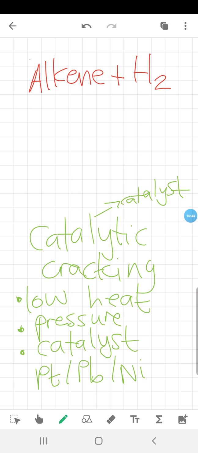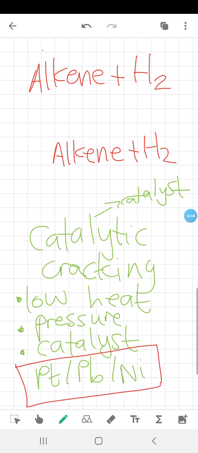So this is your reactant in hydrogenation. In catalytic cracking, your product is an alkene plus H2. So you can see they're connected. And the catalyst that you use in catalytic cracking and the catalyst that you use in hydrogenation is exactly the same. So if you remember that they're connected, then you won't have to remember the catalyst for both. I hope this helps you, and good luck with your test.